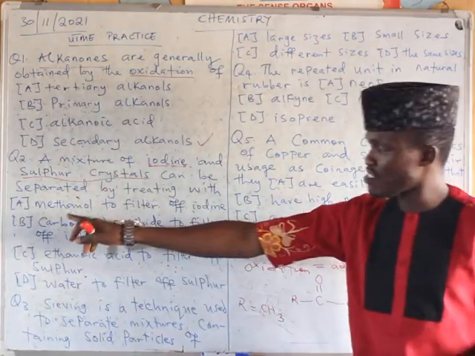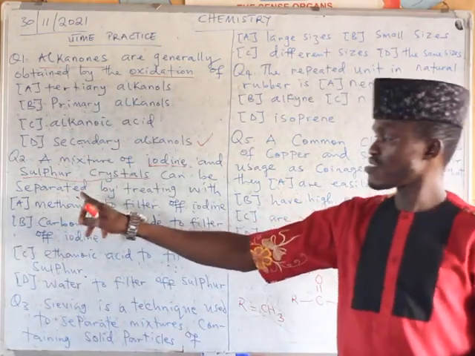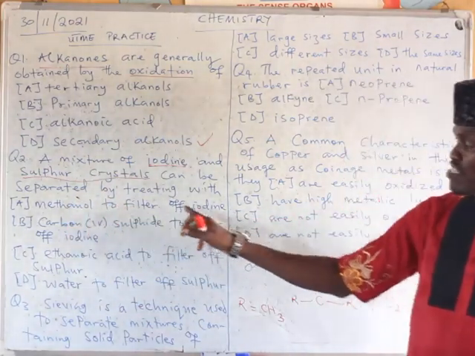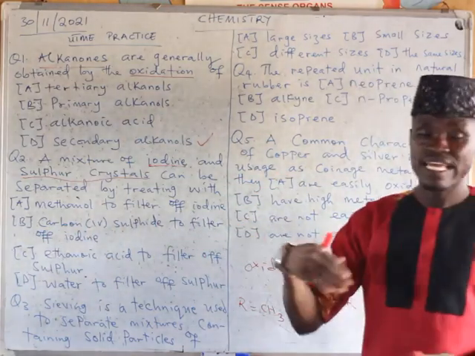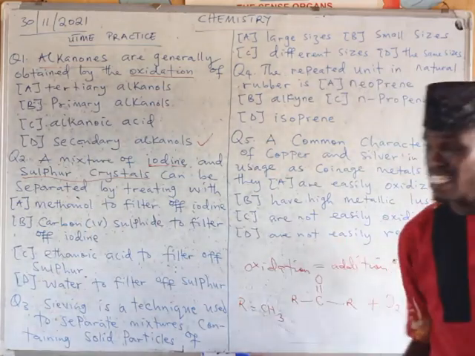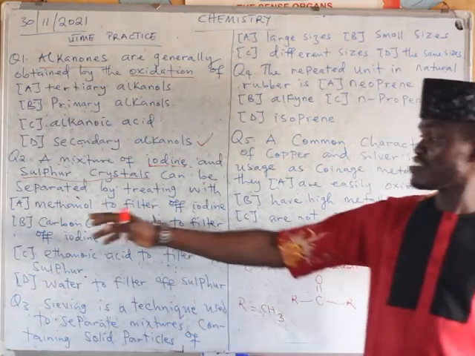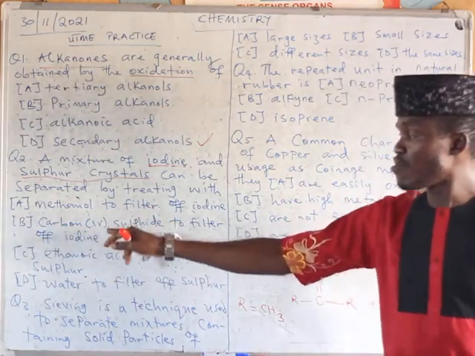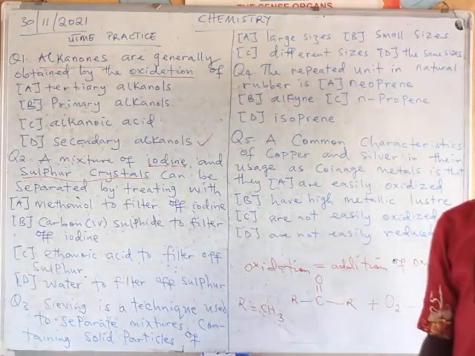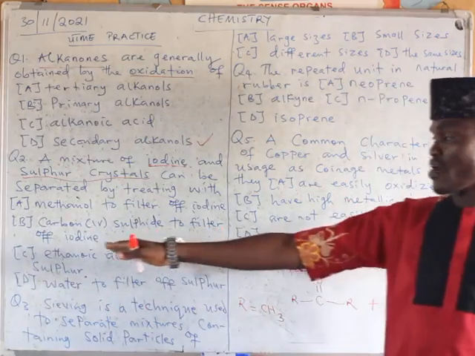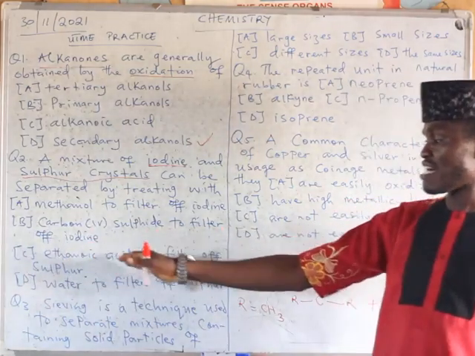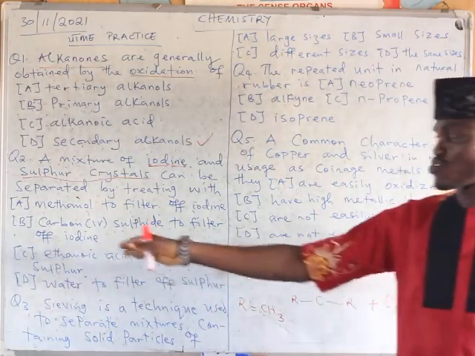Now the first option says, are we going to use methanol to filter off iodine, thereby leaving the sulfur crystals behind? Option B says, are you going to use carbon disulfide to filter off iodine? Or are we going to use ethanoic acid to filter off sulfur?